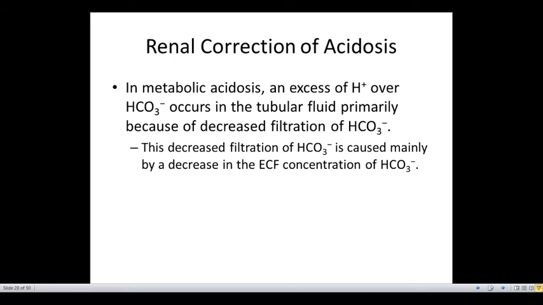In metabolic acidosis, an excess of hydrogen ions over bicarbonate ions occurs in the tubular fluid primarily because of decreased filtration of bicarbonate ions. This decreased filtration of bicarbonate ions is caused mainly by a decrease in the extracellular fluid concentration of bicarbonate ions.